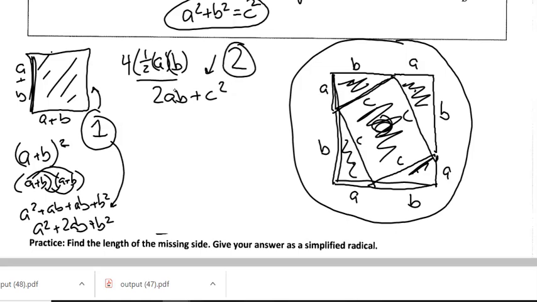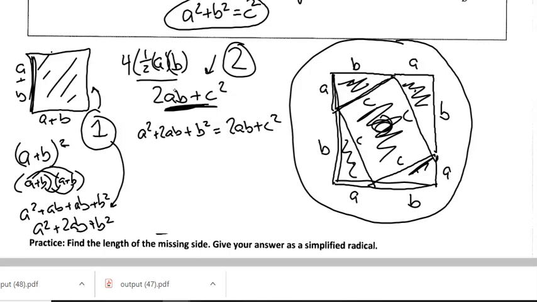Now, if they both are the actual area, we should be able to set them equal to one another. So let's go ahead and do that. The area, A squared plus 2AB plus B squared, should equal the area no matter how we calculated it. This is the other way we calculated it, 2AB plus C squared.